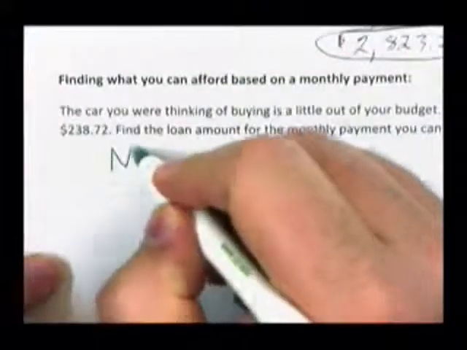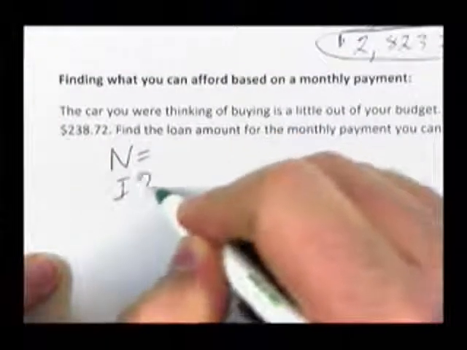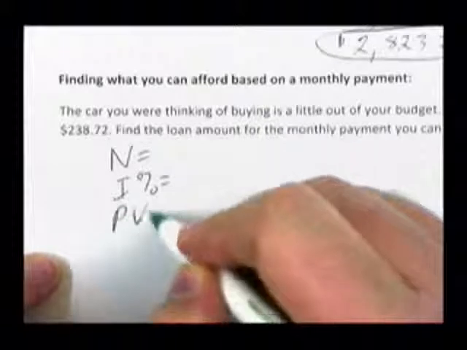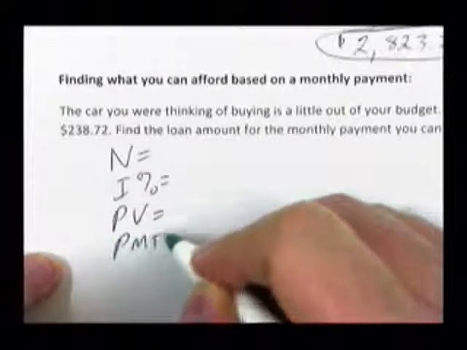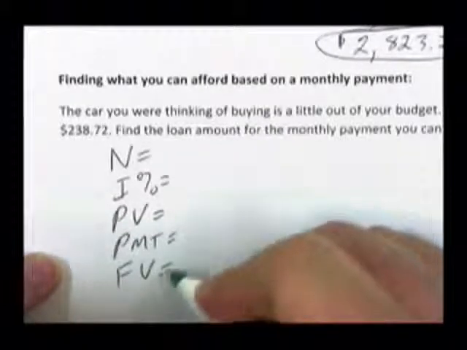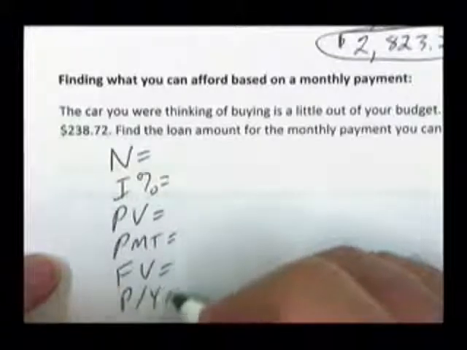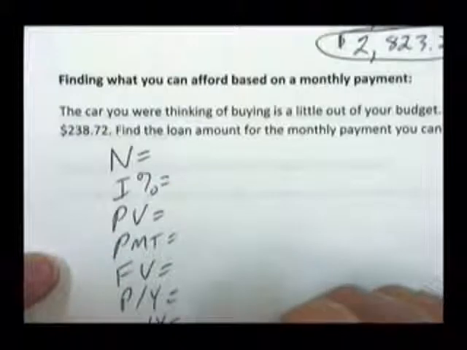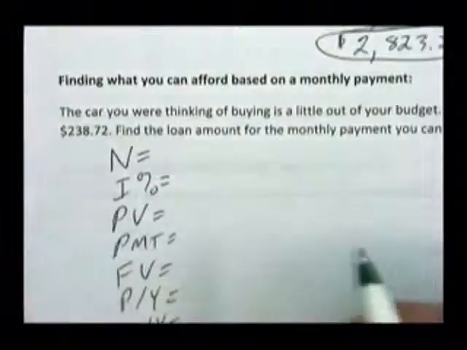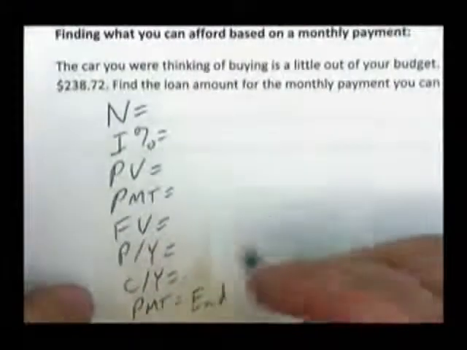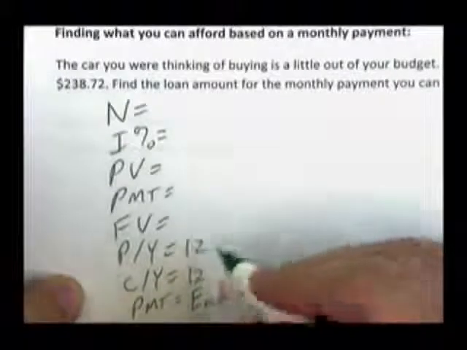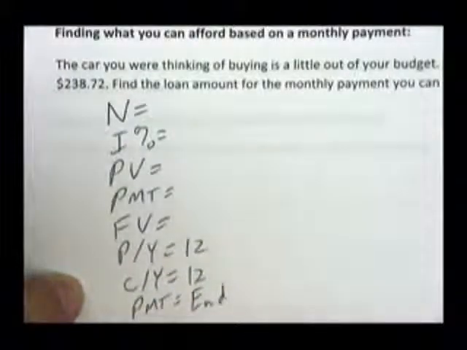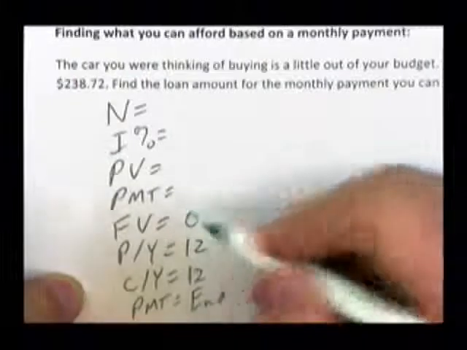So if I do that, I'm going to say N, I%, PV, PMT, FV, P/Y, C/Y, PMT. This is going to be end. This is going to be monthly, so it's going to be 12, 12. My future value is still going to be 0.